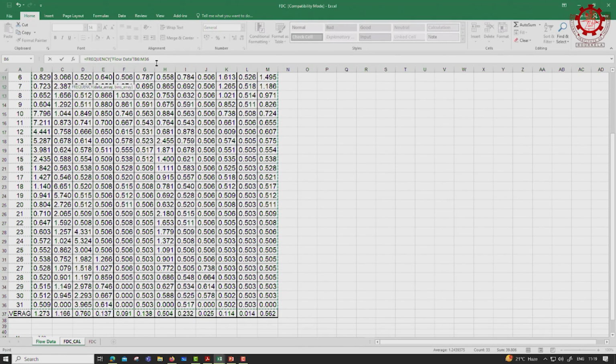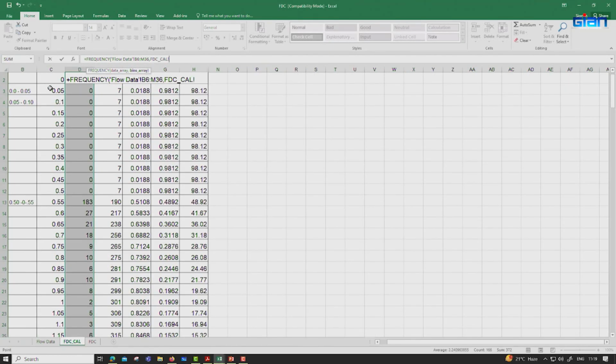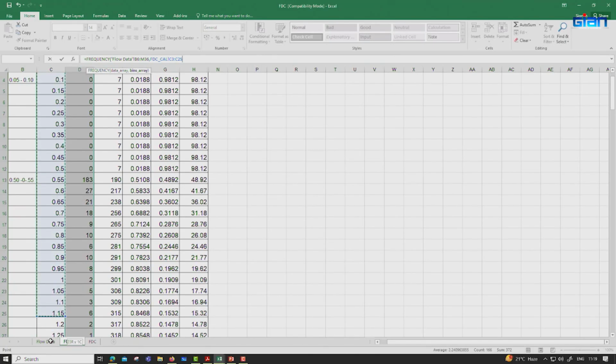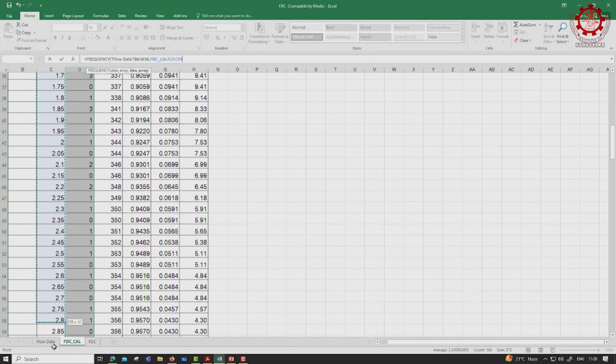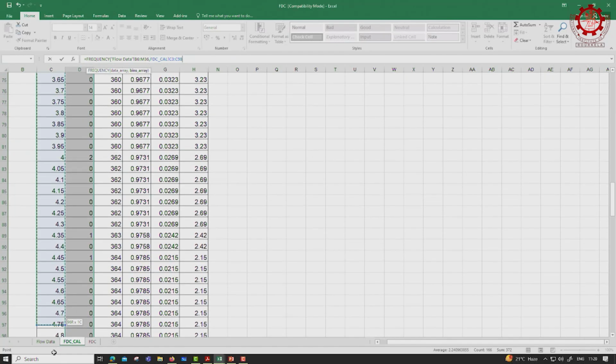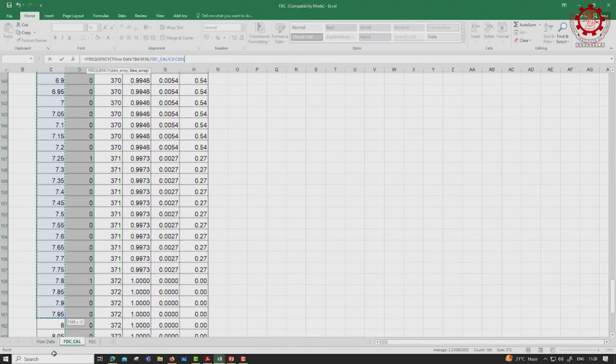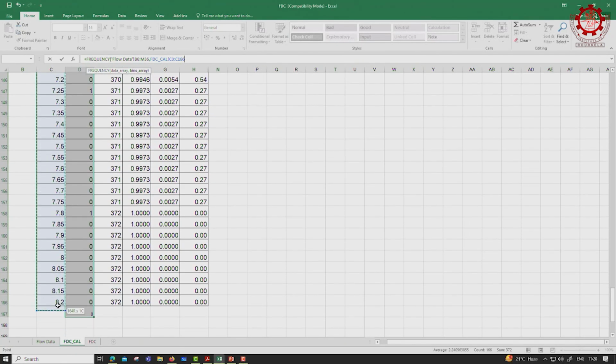And then I will put a comma, and now it wants the bins array. Bins array is this class interval column. Now I will close the bracket.